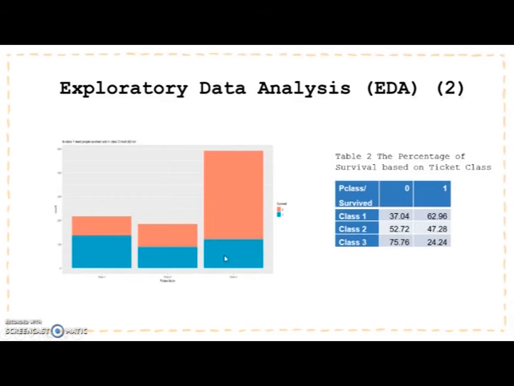And next is the percentage of survival based on the ticket class. So we can see the survival from class 1, class 2 and also class 3. So we can see here that survival from class 1 is higher than survival from other classes, as you can see in this graph.